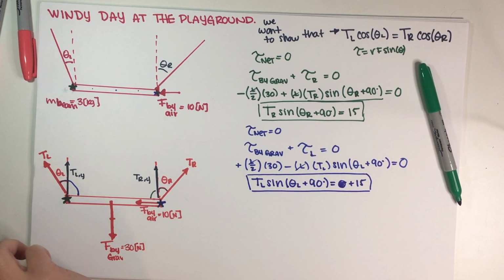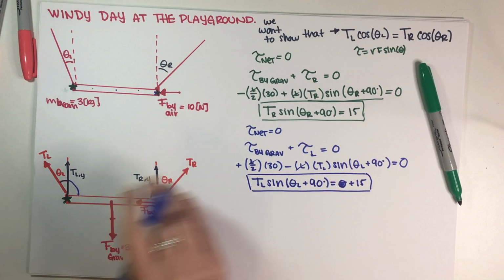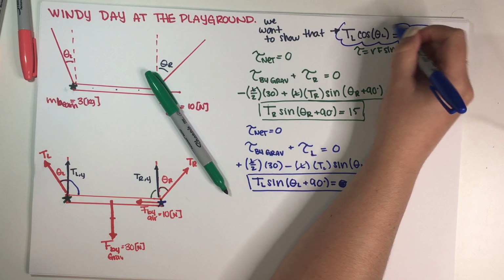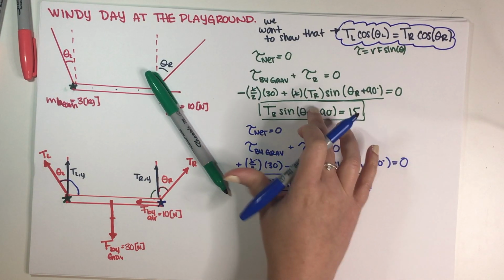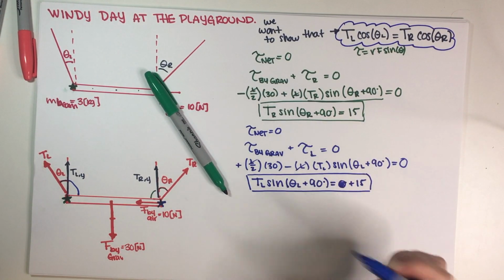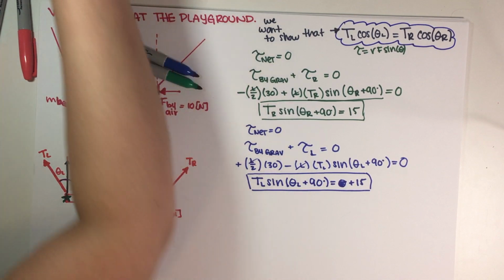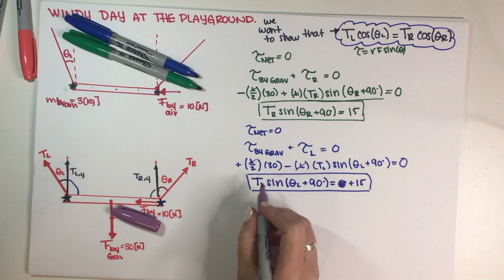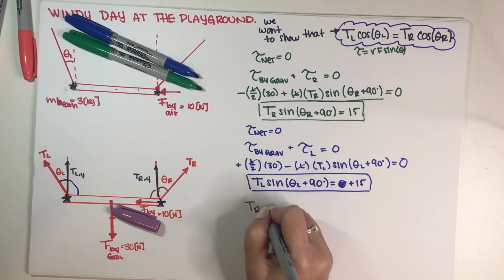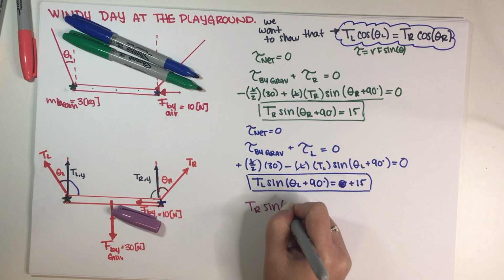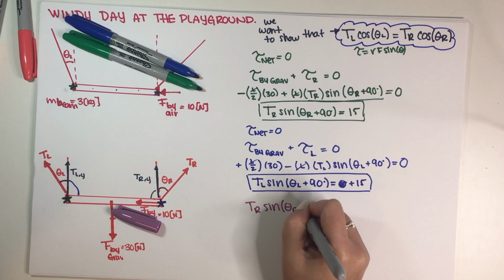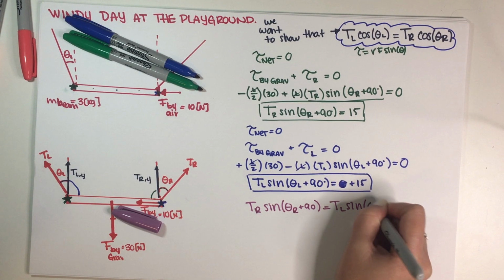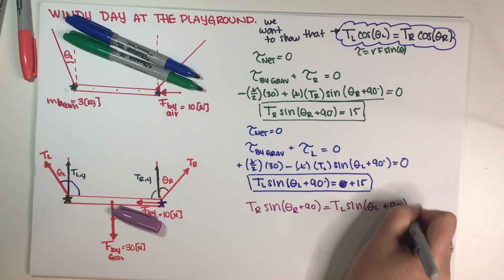So those are the two equations that come from balancing our torques. And as you can see, this is already starting to look like the thing that we are looking for. Because if both of these are equal to 15, what you're saying is that dr sine of angle r plus 90 is equal to TL sine of this angle plus 90, right?